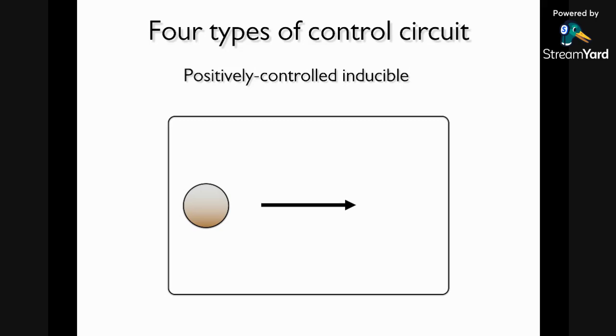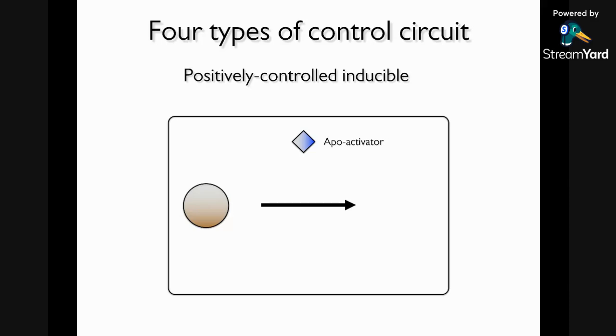So, positively controlled inducible. Hopefully you can think about this yourself now as to what's going to happen. It's positively controlled, therefore we need to think about the star of the show not being a repressor, but being an inducer, or an activator, actually, at the start. So let's put the activator in. Here we go. And it is inducible. So we must start with an apo-activator, an activator that does not function by itself, because when we add the second component, we want to induce the circuit.